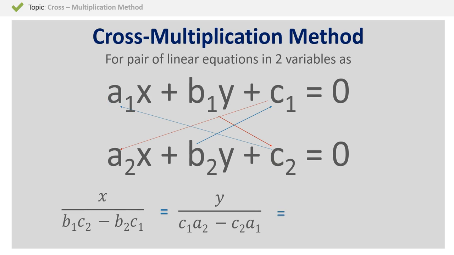That is going to be equal to 1 divided by a1 multiplied by b2 minus a2 multiplied by b1.